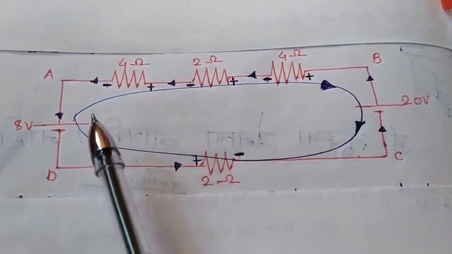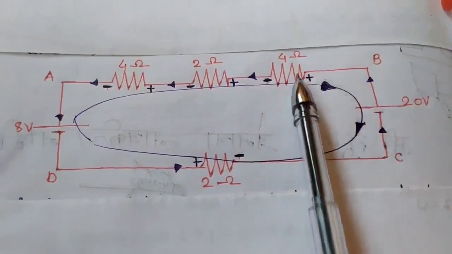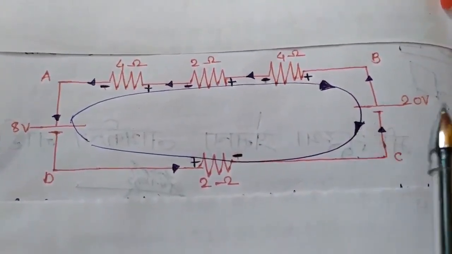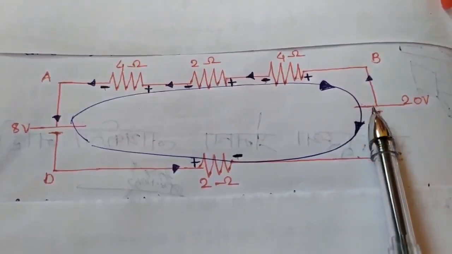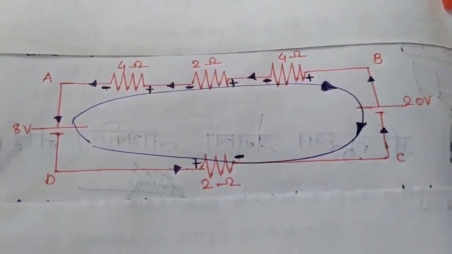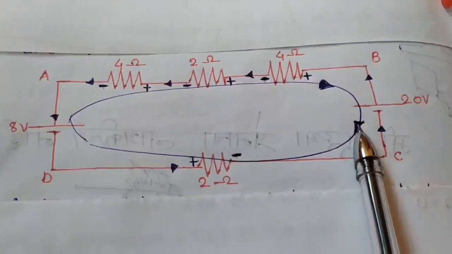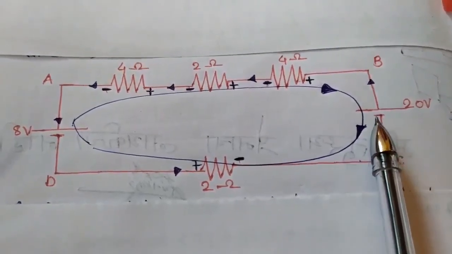Now take the loop direction clockwise and the current anti-clockwise. On a cell we consider only the loop direction from higher to lower, so take minus 20.